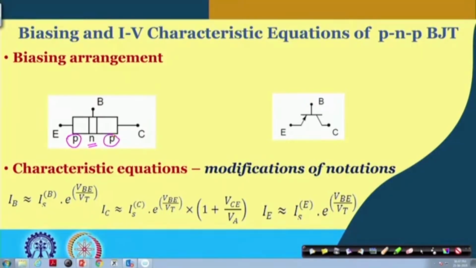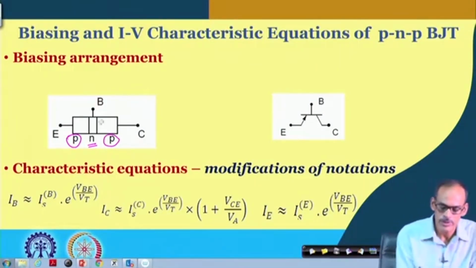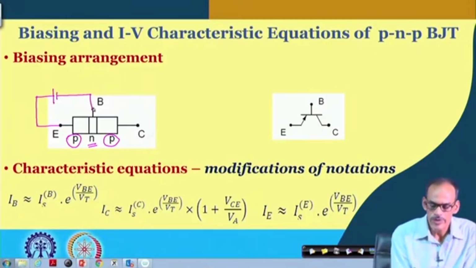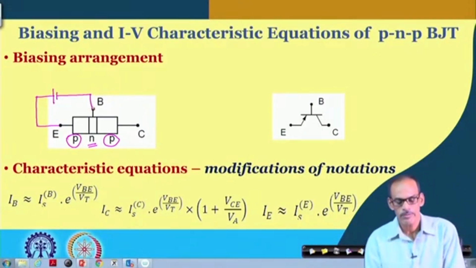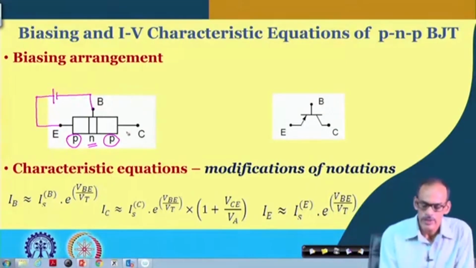So, we do have PNP, and here also to keep the device in active region of operation, the base and emitter junction needs to be forward biased, which means that at the emitter now we are looking for higher voltage with respect to the base. On the other hand, the other junction, the base to collector junction, we like to keep in reverse bias, namely the base should be at higher potential with respect to the collector.